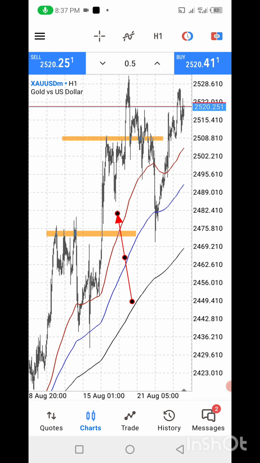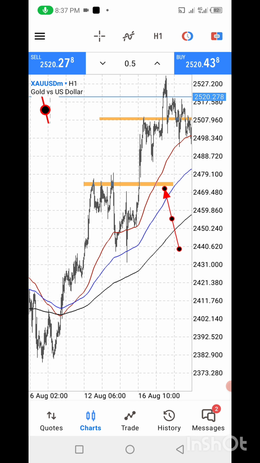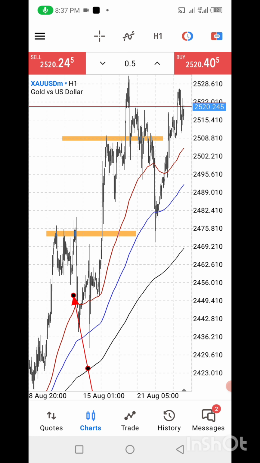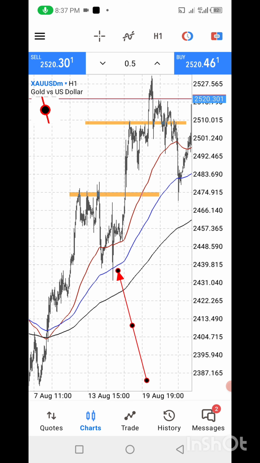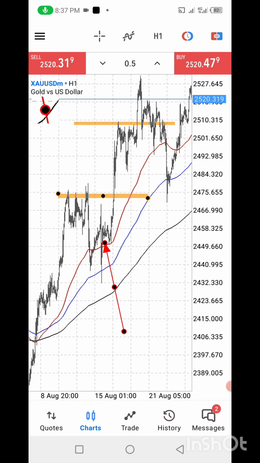Okay, so now for the repulsion. The repulsion is if the market is trending in a given direction. Basically you use the black moving average to know the direction. So the market is upwards because the black is below the price action, or the price action is above the black.